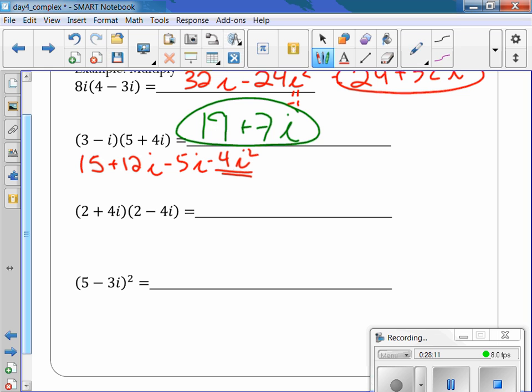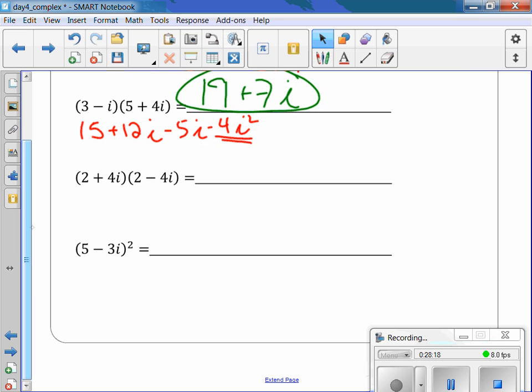Here we have 2 plus 4i times 2 minus 4i. Over here, what do we have here, folks? Very good one. We have ourselves a difference of squares.